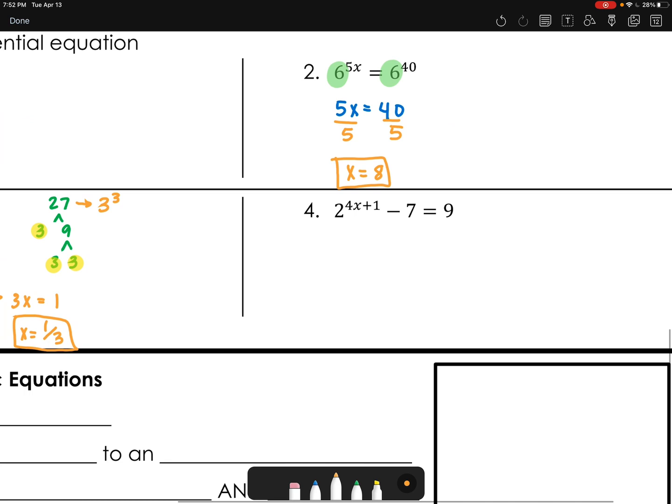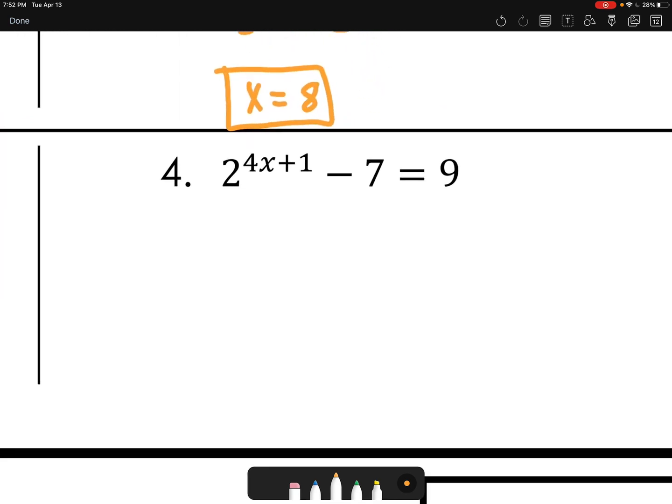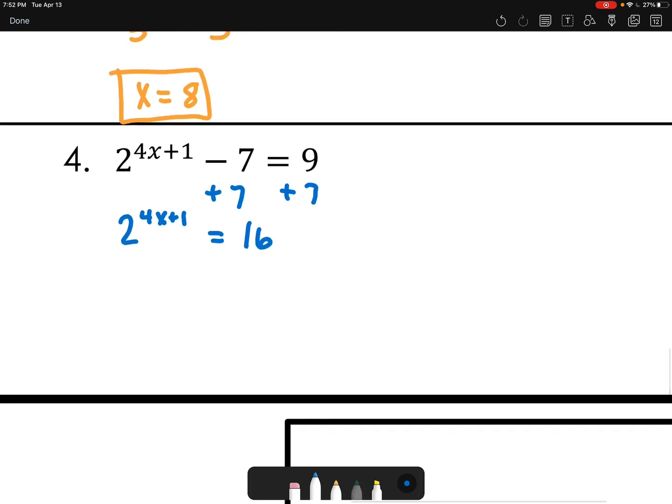All right, first thing that you needed to do was to isolate your base, and so you want to add 7 to both sides, and you will end up with 2 to the 4x plus 1 equals 16. Again, 2 and 16 don't match, and so I'm going to rewrite 16. So I can think of 2 and 8, 2 and 4, 2 and 2. So here I see 4 2's, so I can rewrite 16 as 2 to the 4th.